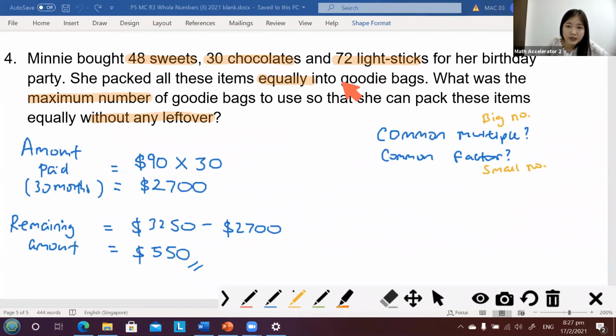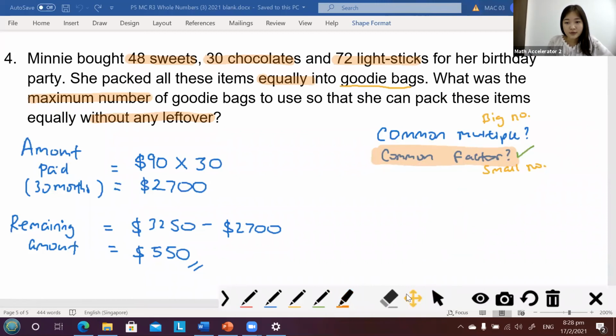But if you're splitting them into goodie bags, wouldn't your common multiple be very big? Do you need so many goodie bags? No need, right? Factor. If you're thinking about splitting the items into goodie bags, you can immediately know that it is factor.